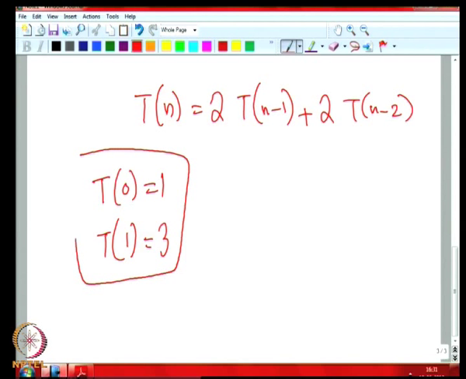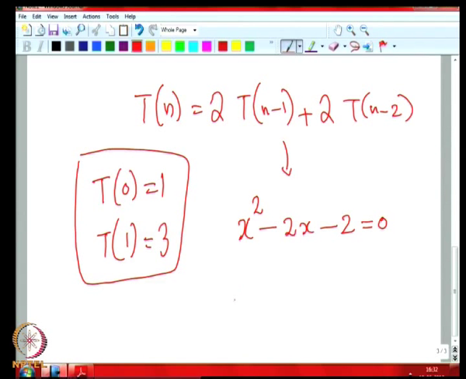These are the initial conditions. We get the characteristic equation first. Without much effort we can see that it is x square minus 2x minus 2 is equal to 0.